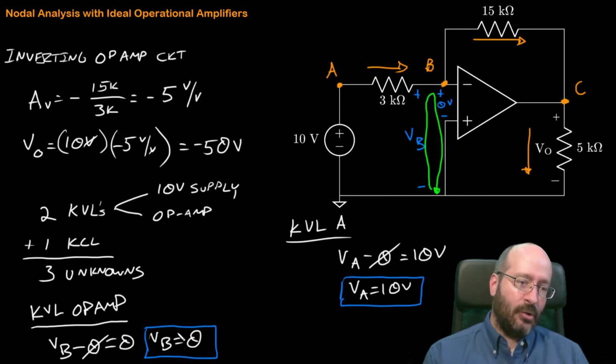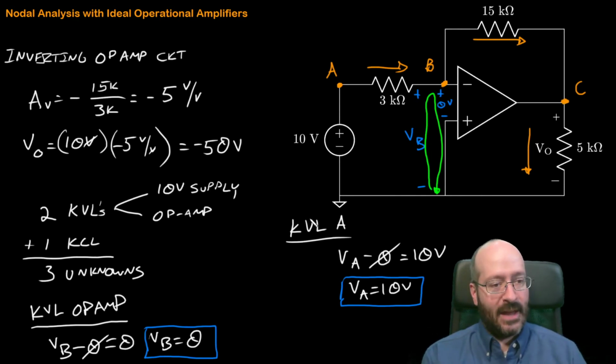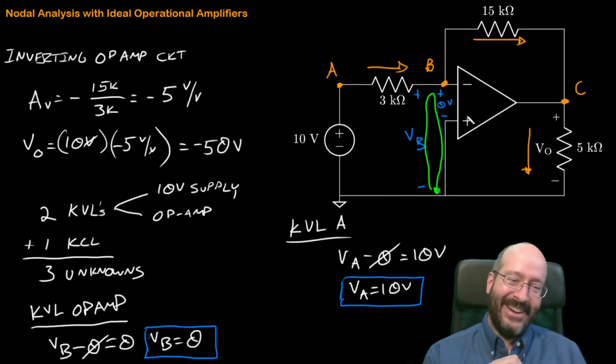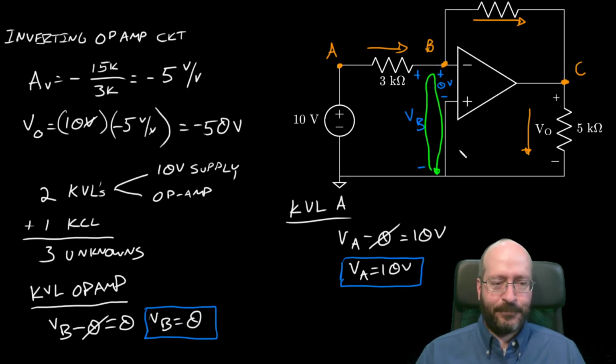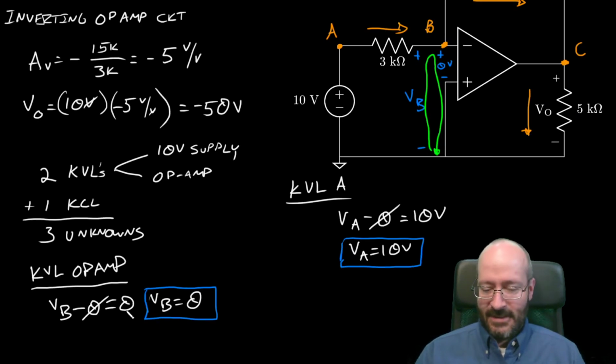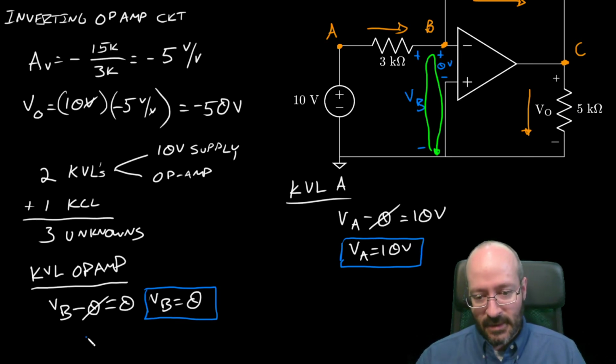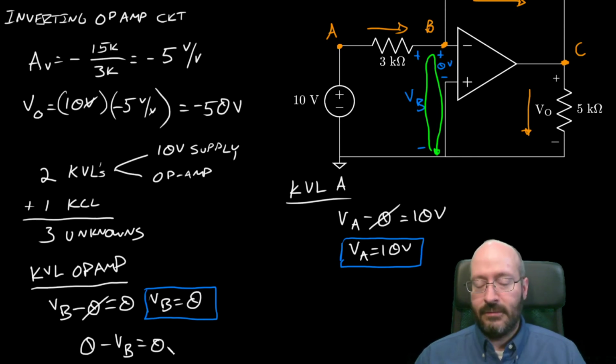I typically write this by looking at one of the terminals, and I start with the positive one. I write it a little faster, but I get to the same place, because it's not always going to be connected to ground. I take whatever node is attached to the positive, in this case ground, and subtract whatever node is attached to the negative, and those have to give 0.